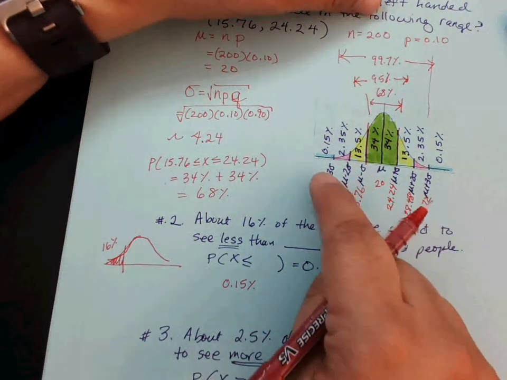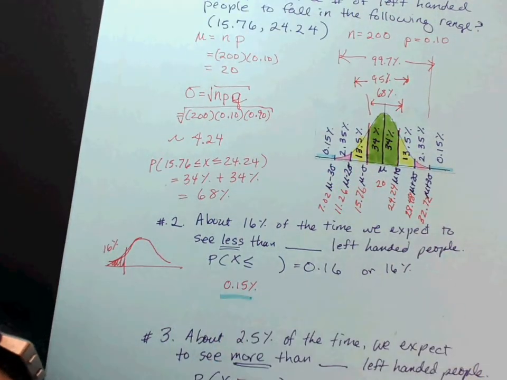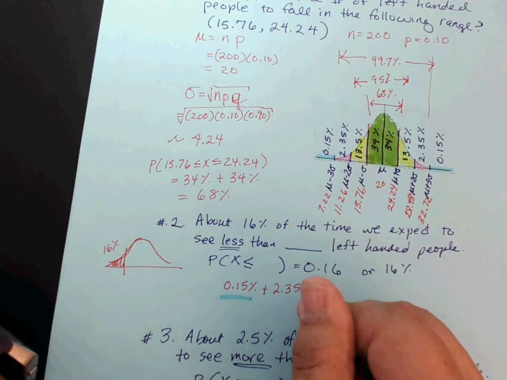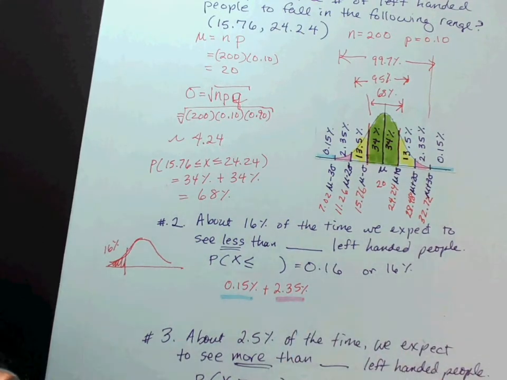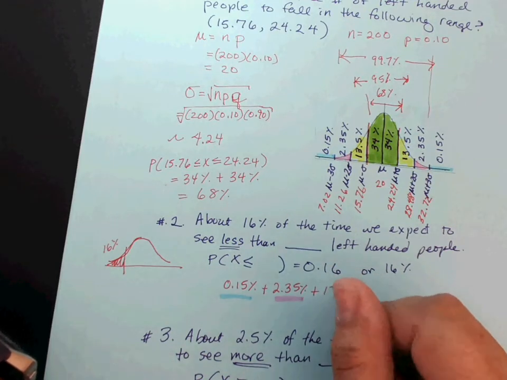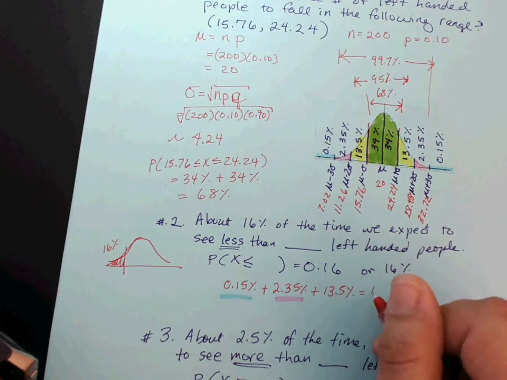A 0.15%, which is the blue area, is that enough to be 16%? Now, let me add in the pink area, plus 2.35%. Is that matching 16%? No, that's about 2.5%. Let me add in the next area, 13.5%. And what will I get?